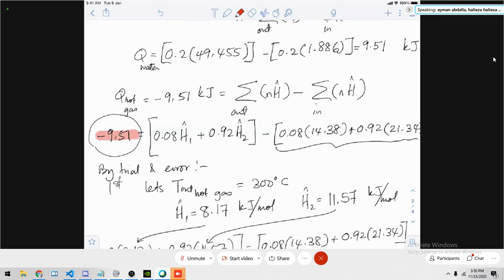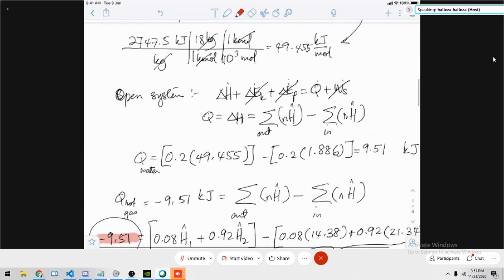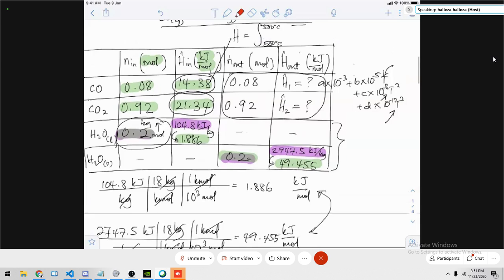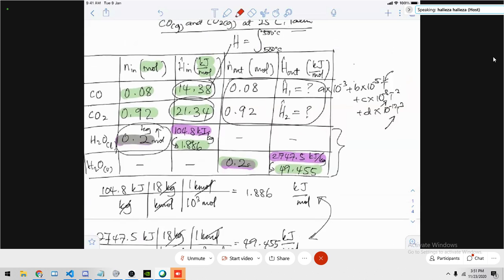So it's very important, the reference state is very important. If you choose the reference state to be the inlet condition, then you have to do integration. But you still cannot get the answer of T directly. You still have to do trial and error.